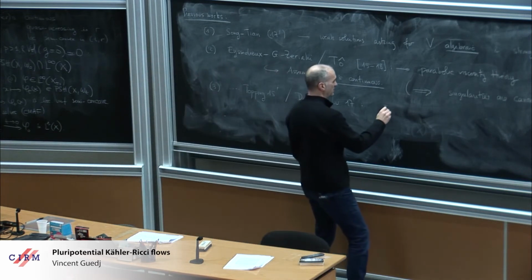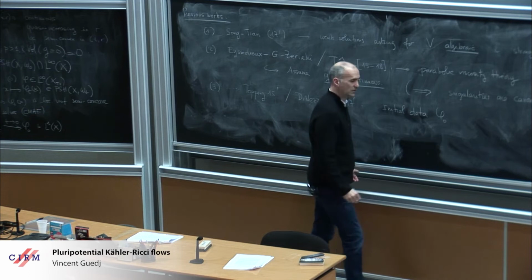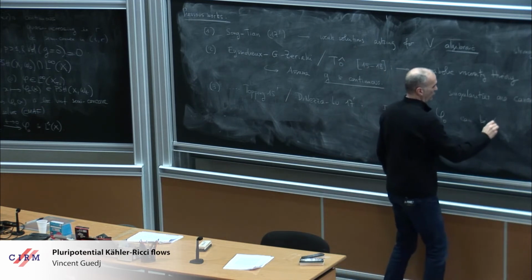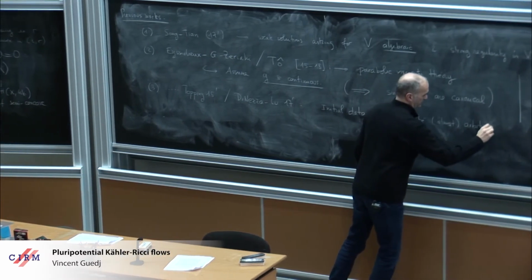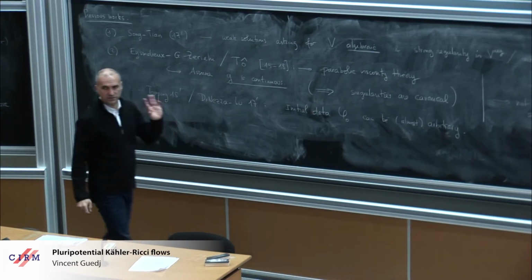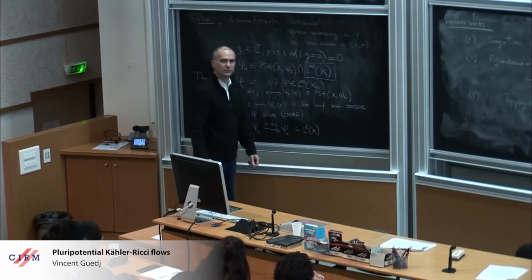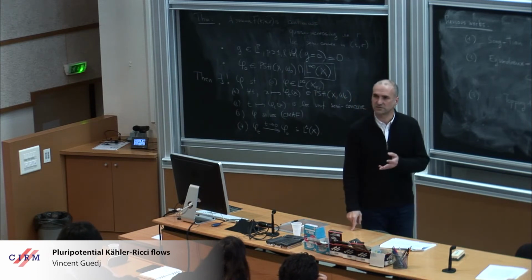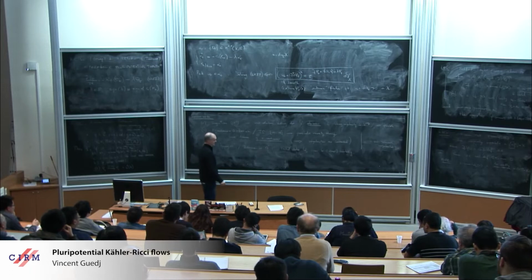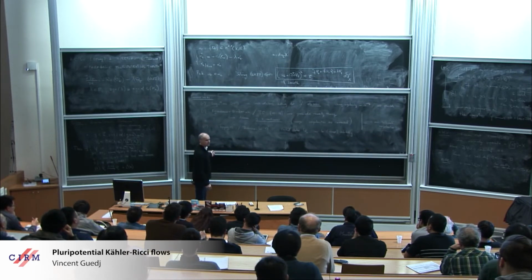So the initial data, which I denoted by phi 0, can be, say, almost arbitrary. In the presentation here, I asked for the initial data to be bounded, but you can extend this hypothesis by far, and this is a work that Eleonora and Chinh Lu have done. So this could also be done here, but it brings some extra difficulties that we hide under the carpet.